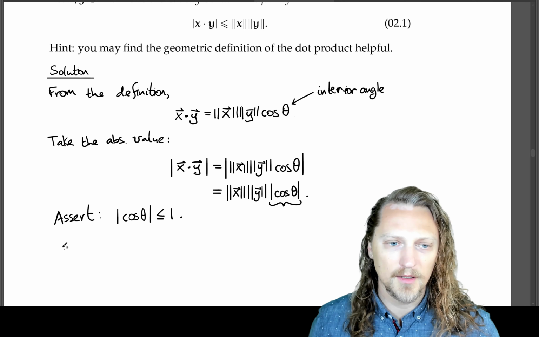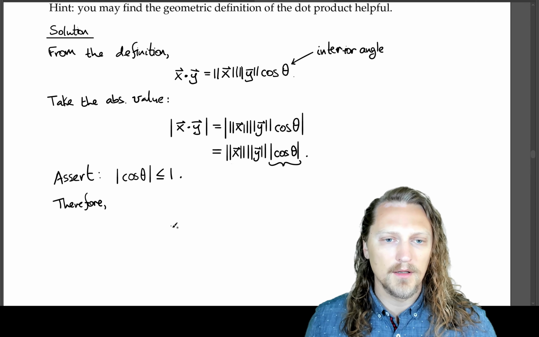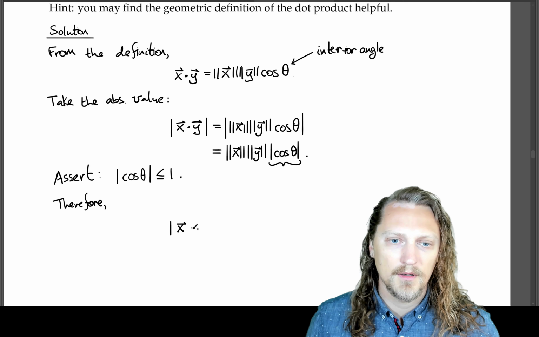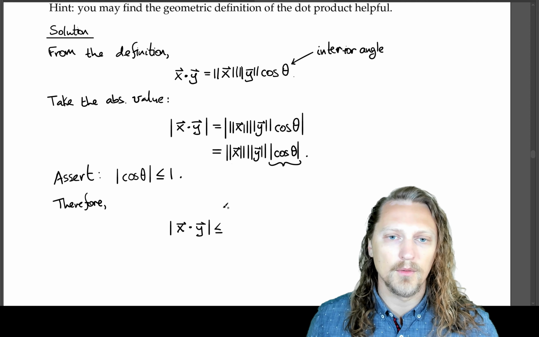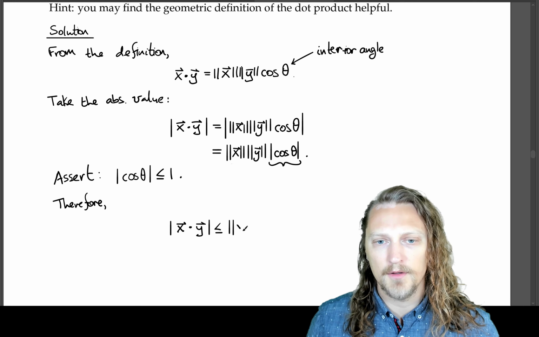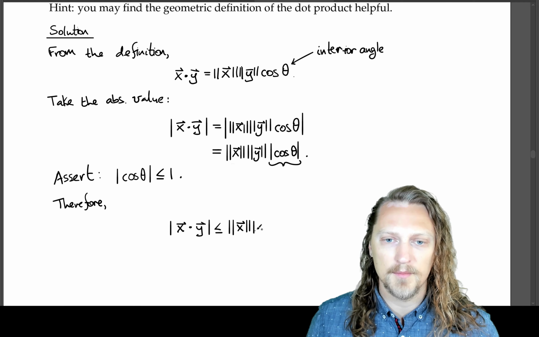Okay? We can conclude, therefore, the absolute value of x dot y is always less than or equal to the absolute value of, or the norm of x times the norm of y.